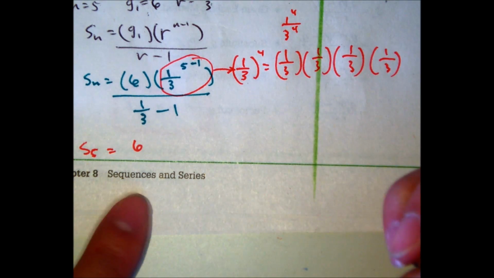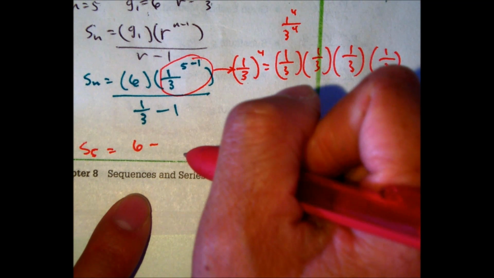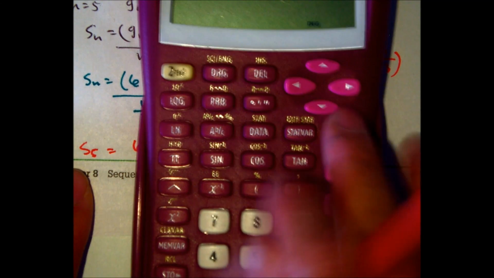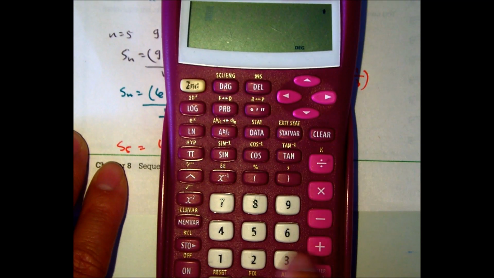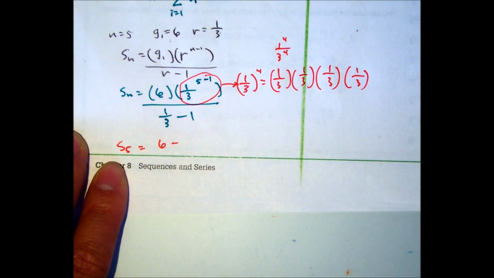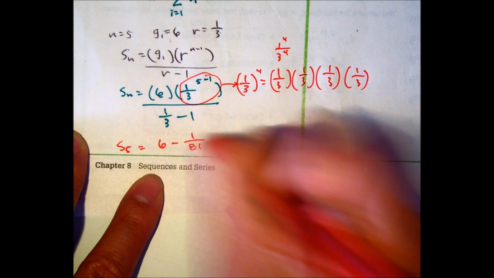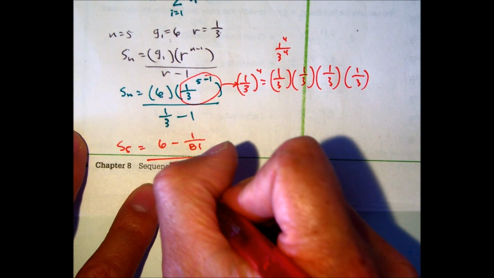What does that equal? So let me model that for you on the calculator. 3 caret to the 4th power equals 81. So 1 over 81. That's all over 1/3 minus 1.